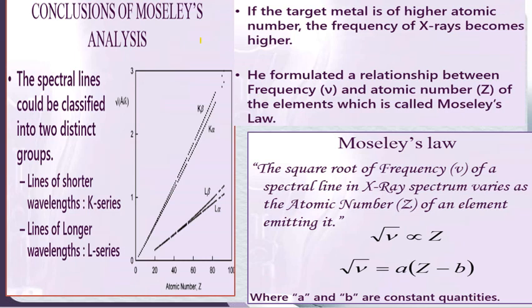Now here some of the conclusions of Moseley's analysis are given. As you know, different orbits are present in the atom. The nearest to the nucleus lies the K shell. Then onward is the L shell, M shell, and N shell. Then the other shells are also there.